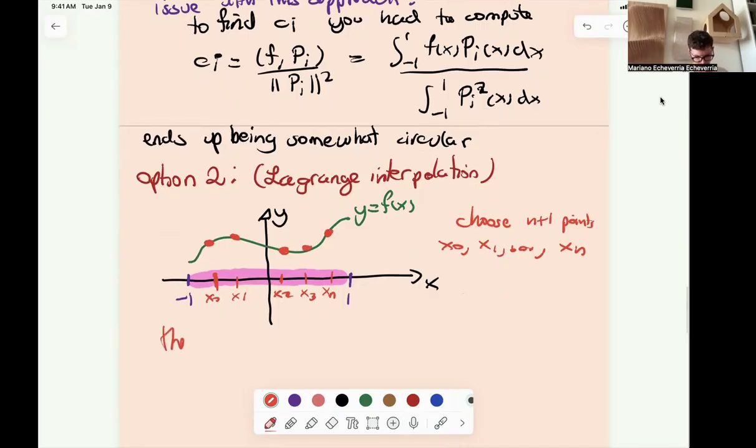So then you find the degree n polynomial.